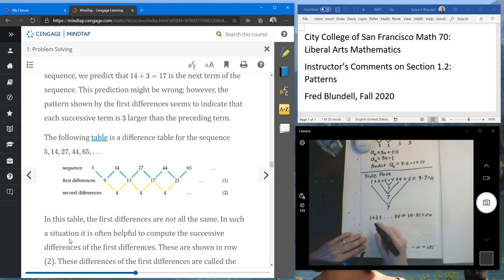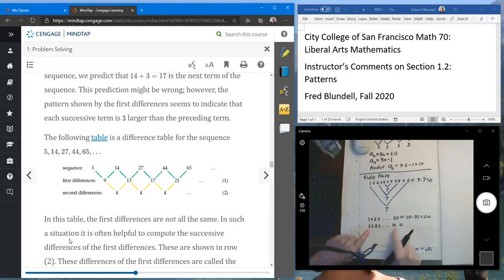Okay, so what if we want to do 1 plus 2, and then we just want to stop sometime. We want to stop at n. Well, you put them in pairs. You have n plus 1, and then you go down 1, n minus 1 plus 2, so it's still n plus 1.